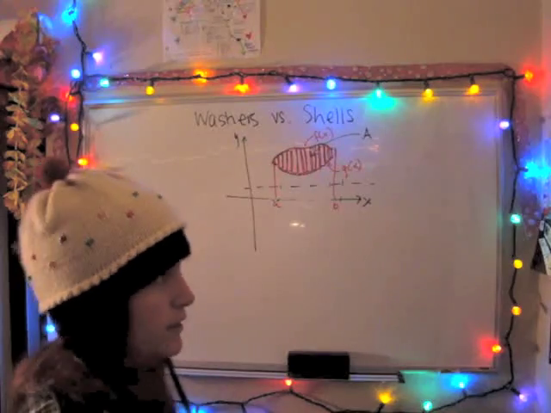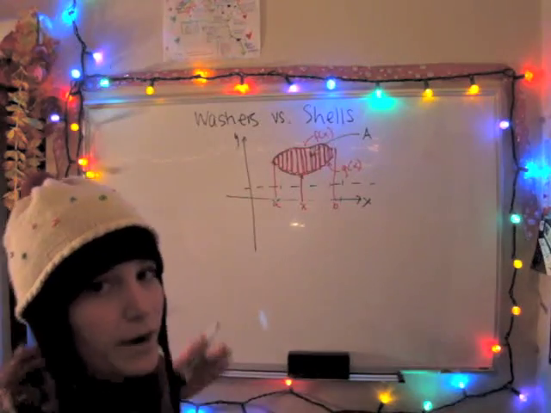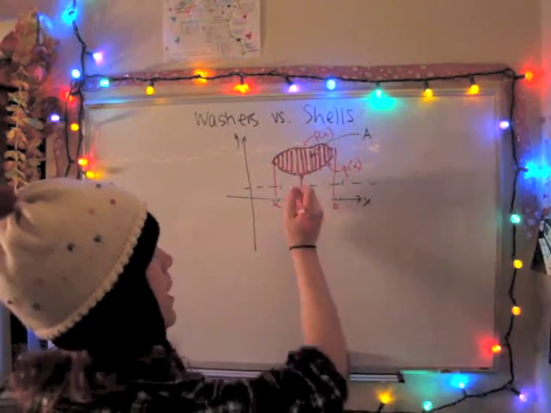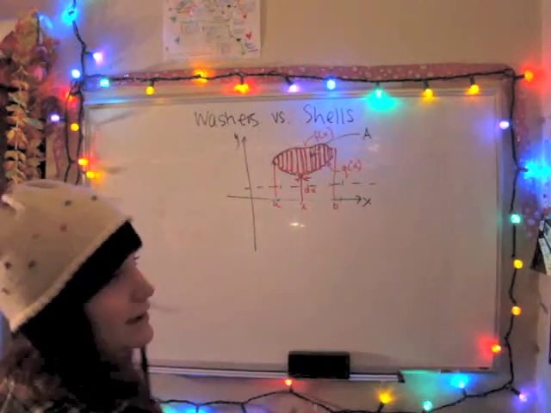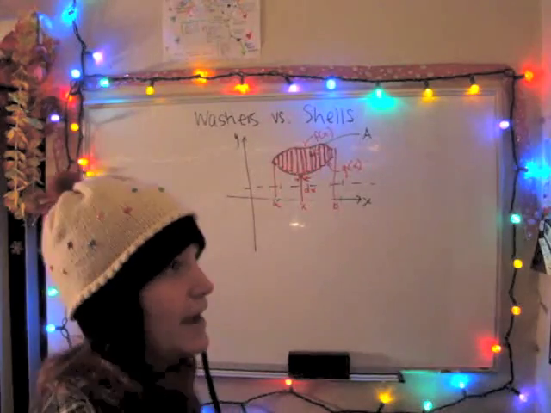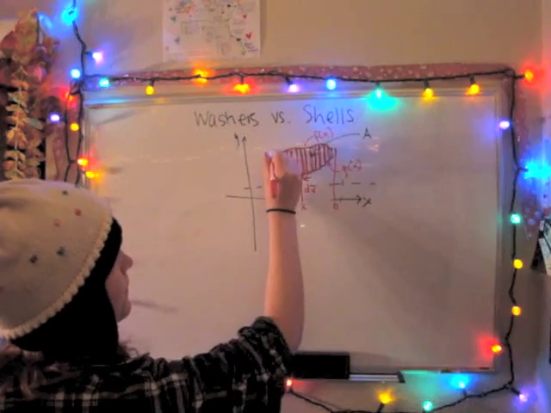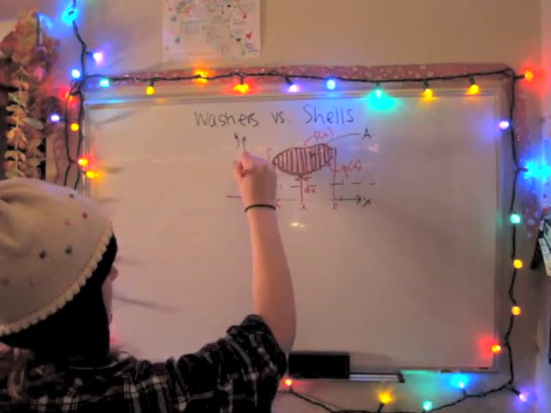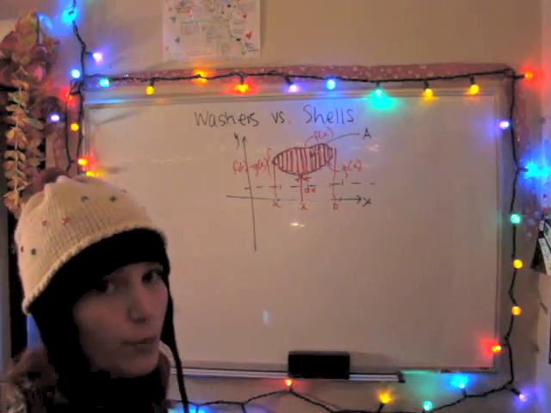Now if you think about one of these little rectangles, say the rectangle at the point x that I've just labeled right there, the rectangle has a width dx, and it has a height that is f of x minus g of x. So its height is out here, f of x minus g of x, at that point.